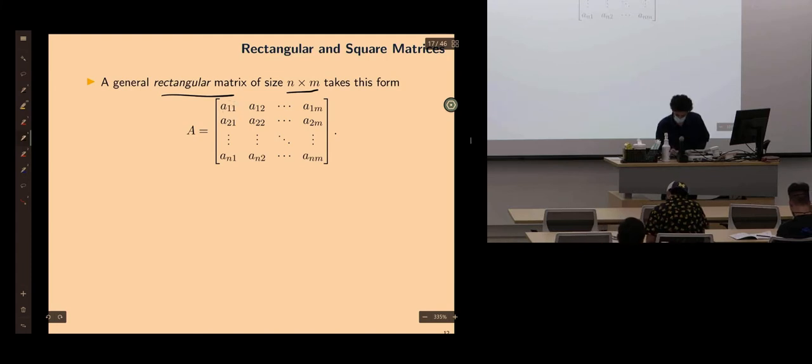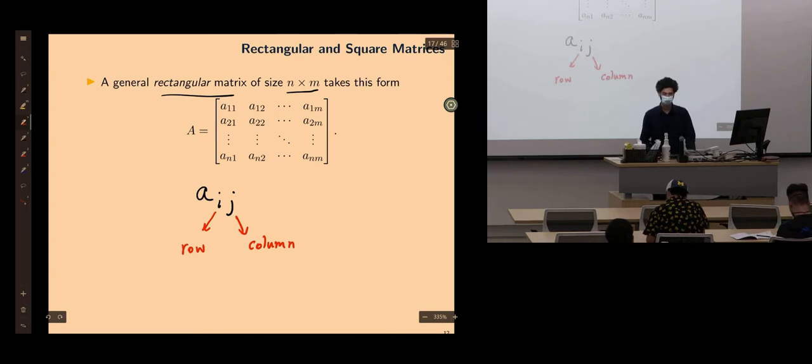Then you say A, i, j: row, column. That means you go here, find row i, and then find column j, for example. Whatever that number is, you cross another line, and the intersection of those gives you that entry ij. That's how you can find it.